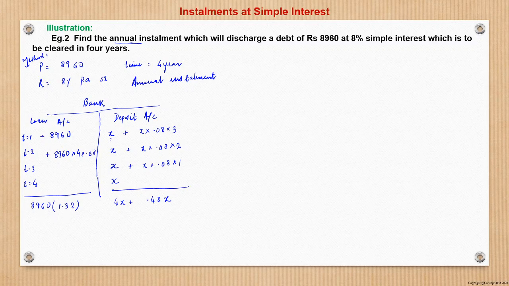So basically 8960 plus this interest amount, if we add, we get 8960 into 1.32, and this must be equal. So we can say that 4.48x will be 8960 into 1.32. From here we can say x is nothing but this will be, I think, let us use the calculator.